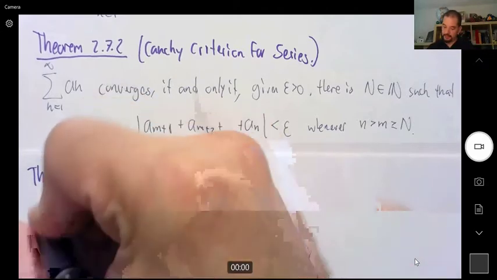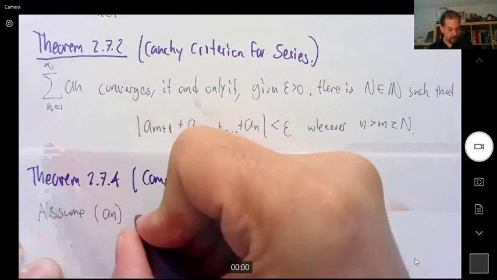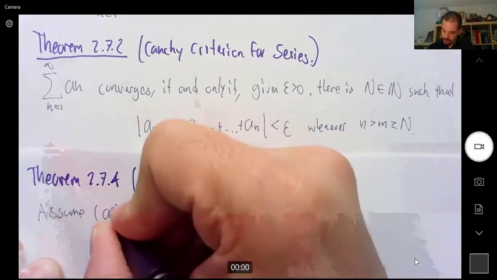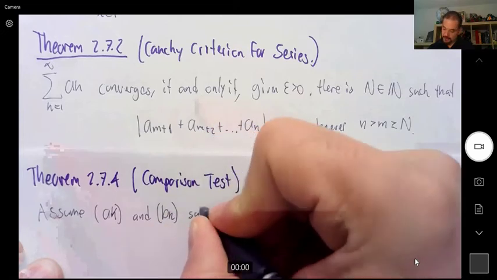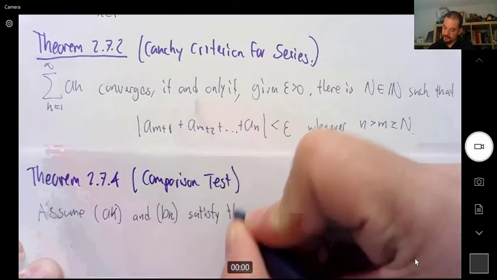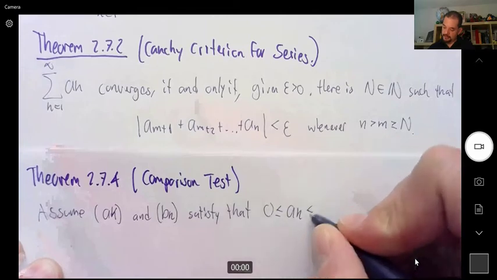And this is what it says. Assume that the series, let's use K, a_k and b_k, satisfy that 0 is less than a_k, less than or equal to b_k.